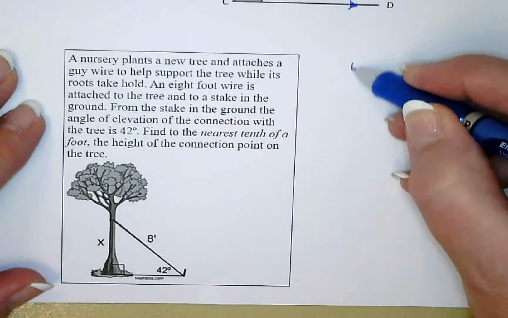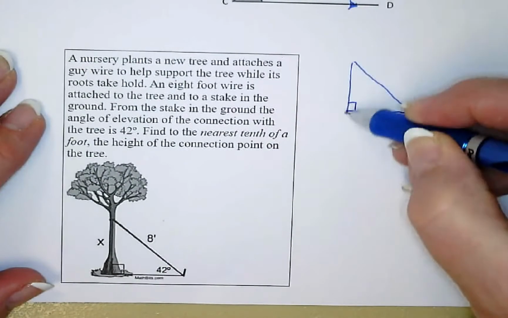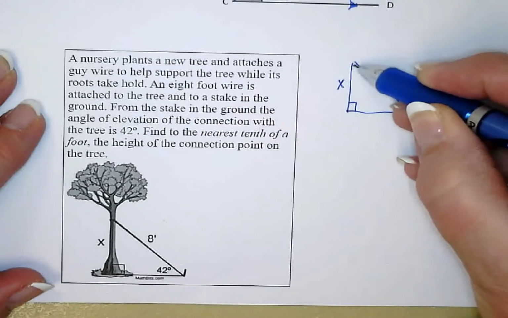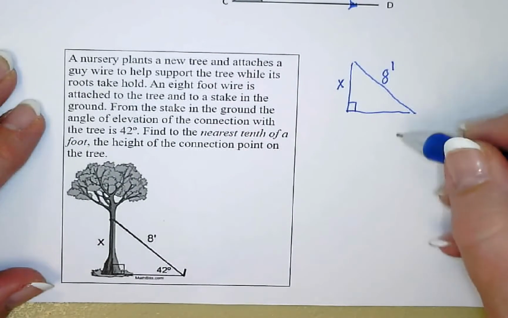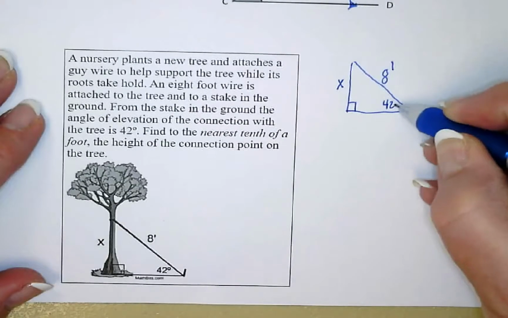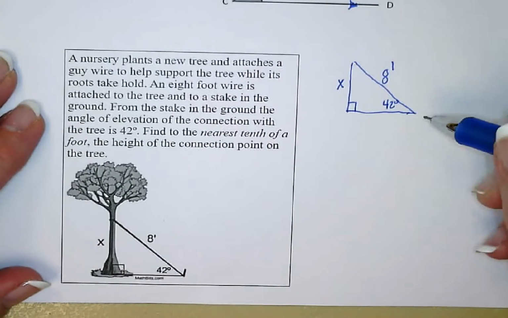Okay, if we want to, we can pull that triangle out, and when I do so, we still have the tree that is vertical here, and that's what we're trying to find: how far up this 8-foot wire goes. And they're telling me that this angle is 42 degrees. So once we have that information, then we have to look for our trig.